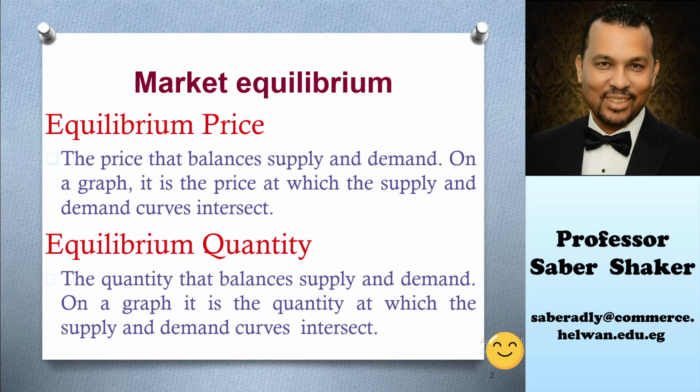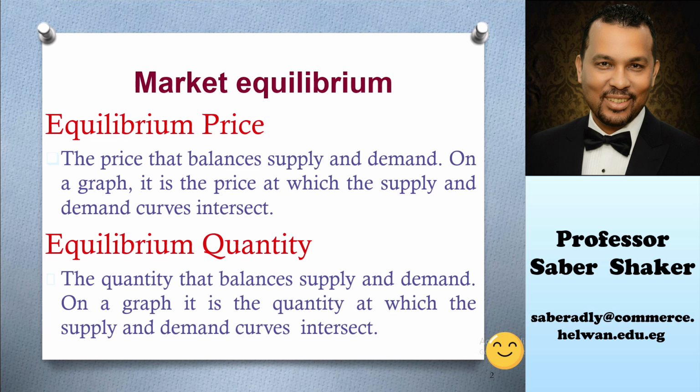Today we will talk about a very important topic, which is market equilibrium. In general, remember, when we talk about the market, we can write the equation as demand plus supply, based on the interaction between demand and supply, so we talk about price. Market equilibrium.